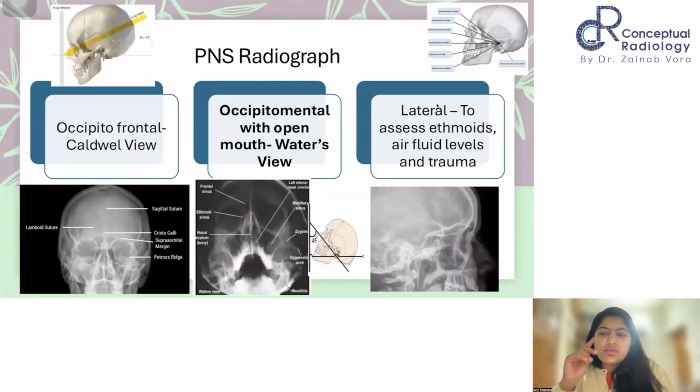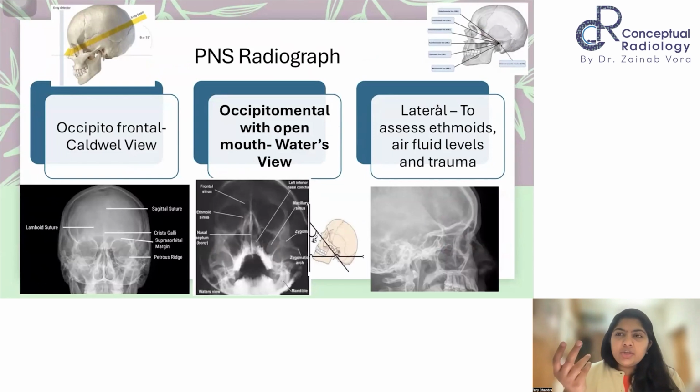So the best books to read for PNS, it depends on. For head and neck, usually Scott-Brown and Cummings is advised. It's the standard textbook. Also, there are other textbooks also. So every ENT textbook also has a section on sinonasal diseases.